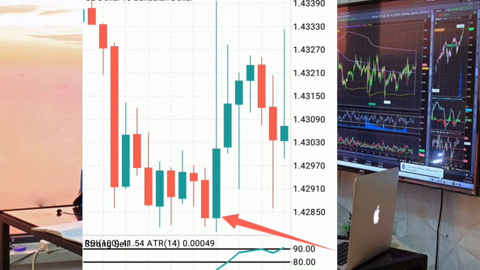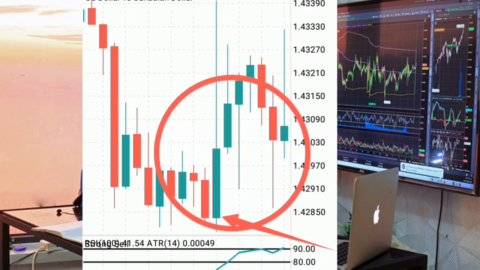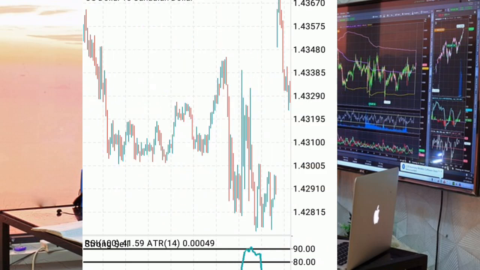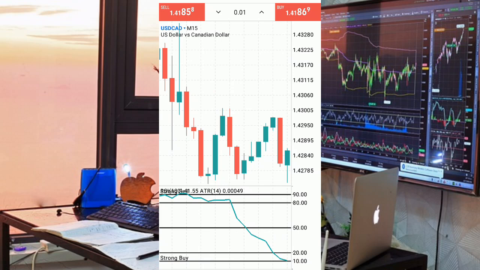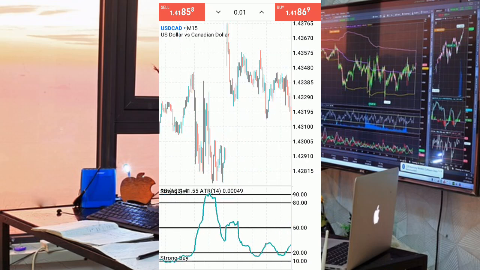And if you still want bullish consecutive candles, it's still available over here. So once we see that, I am going to be able to enter my trade at somewhere around here, and I'm going to be scalping for my profits just like that. As you can see, we had a bullish movement of price over there.